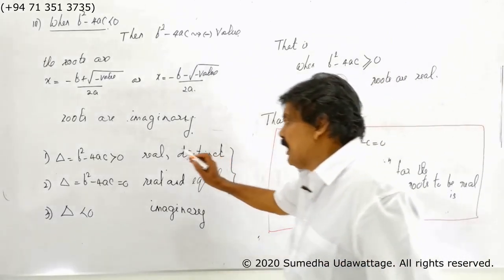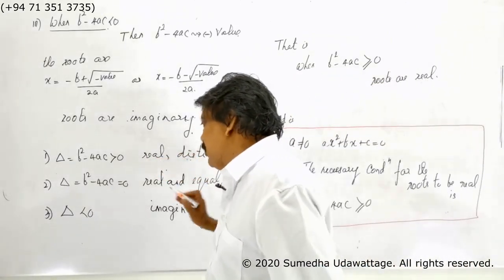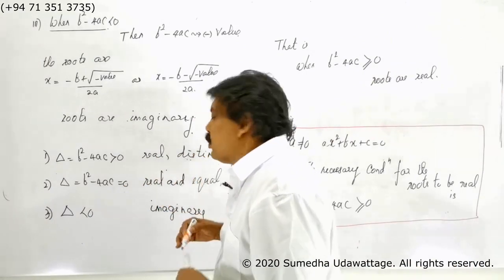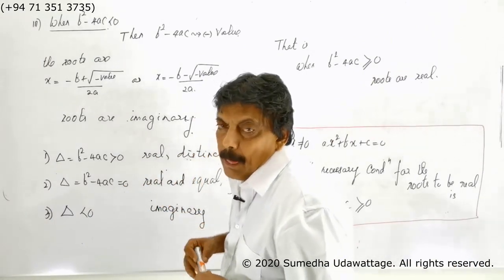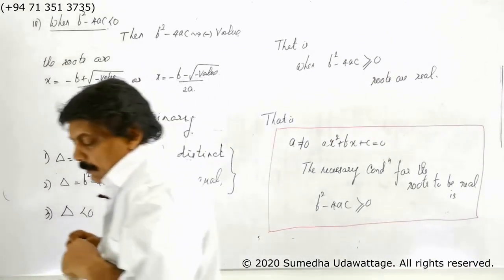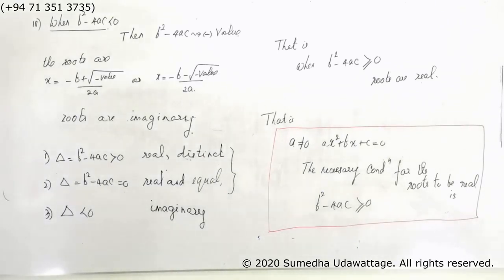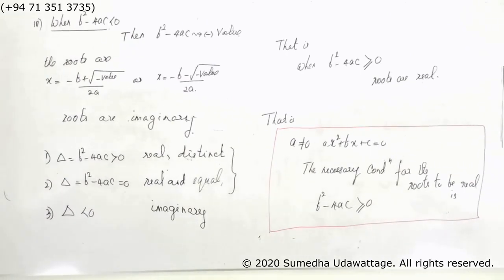When larger than 0, the roots are real and distinct. When equal to 0, roots are real and equal. Keep in mind the quadratic equation ax square plus bx plus c.